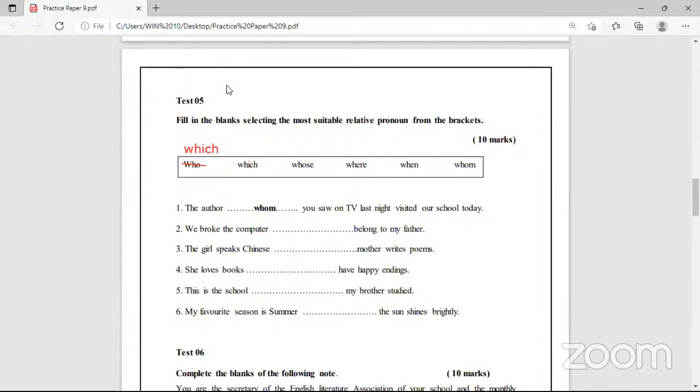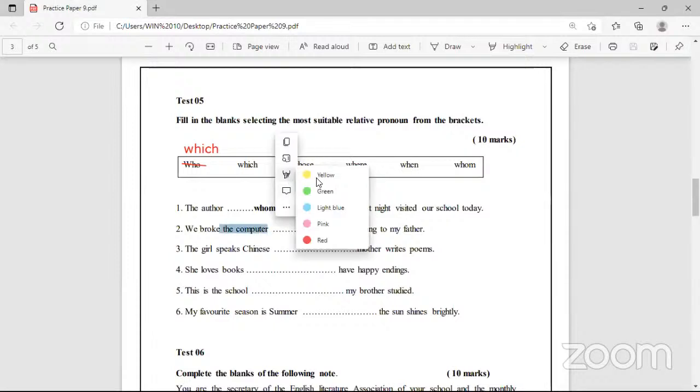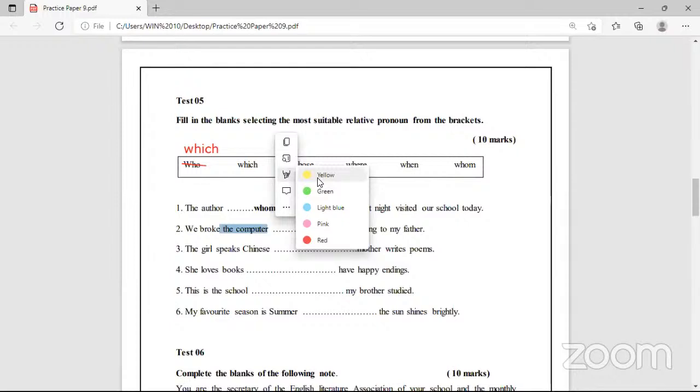And the second one, we brought the computer. So we have to select the suitable relative pronoun for this one, the computer. We brought the computer which belonged to my father. So we can use the relative pronoun which.